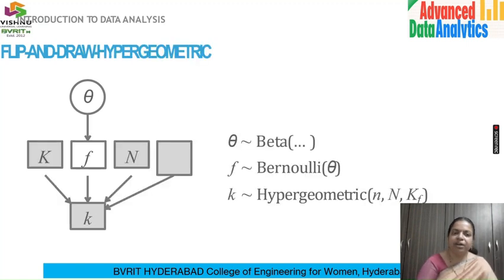Next is flip and draw for the geometric and hypergeometric conditions, where we have one theta value, which is a beta value, and the Bernoulli function f. There are two more possibilities, k and n, so there are multiple possibilities. Based on these and the predicted value of f, we can get one common solution, which is k.